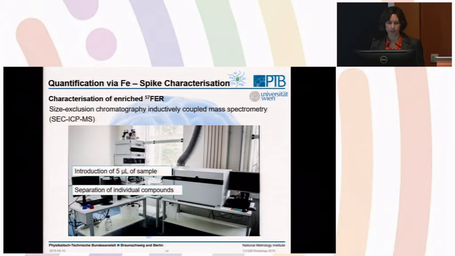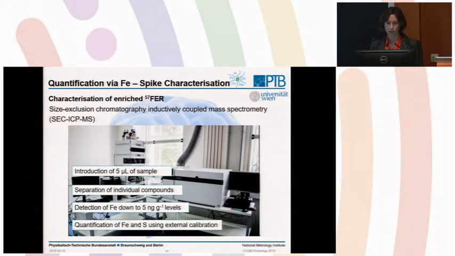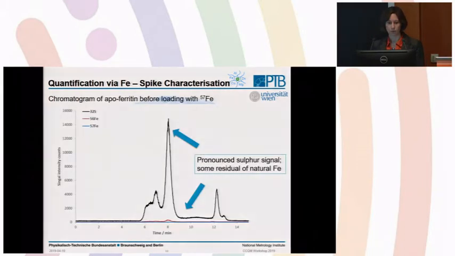You can separate the individual species on the size exclusion, which you have to do because in the ICP you see only iron, so you can't say where it comes from. You can detect iron down to the 5 nanogram per gram level, so ICP is quite sensitive here. And you can also use iron and sulfur to quantify it and calculate the ratio of iron and sulfur in the protein. So that's what it looks like.